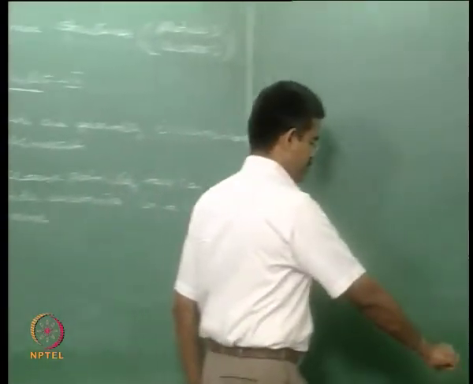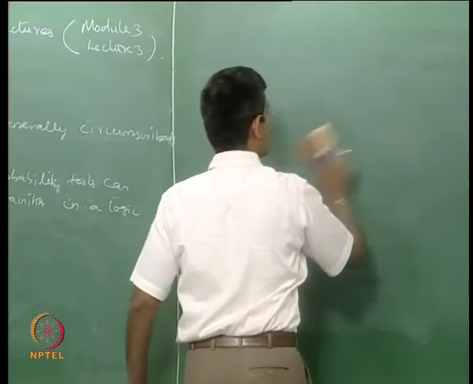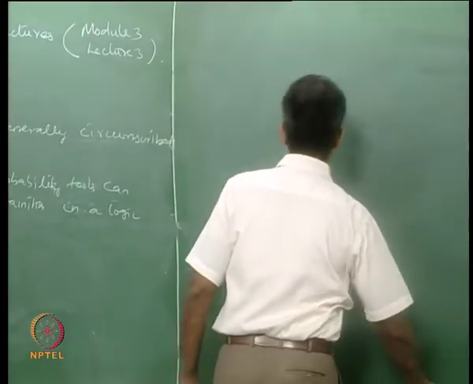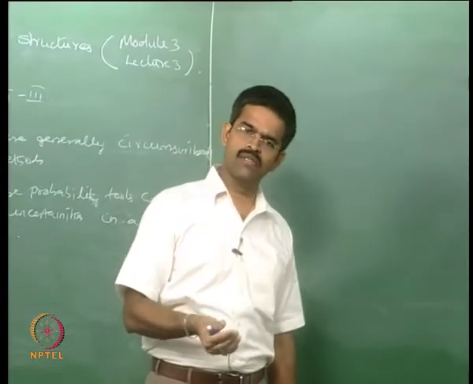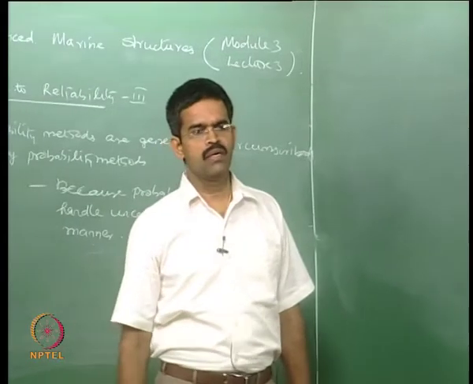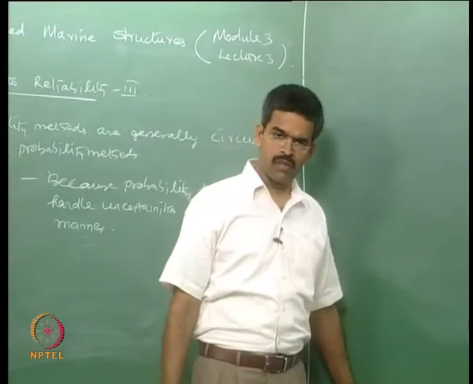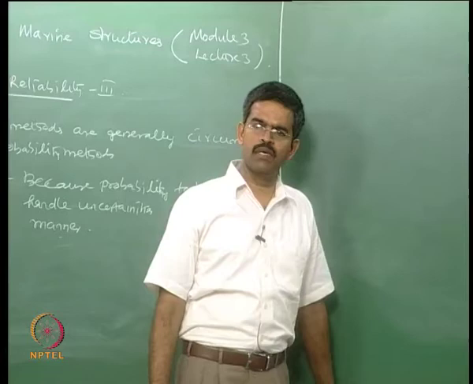Now, we have seen two types of uncertainties. One arises from the randomness in nature, which is the aleatory type. The other is from the modeling methods or analysis tools, which is the epistemic type.